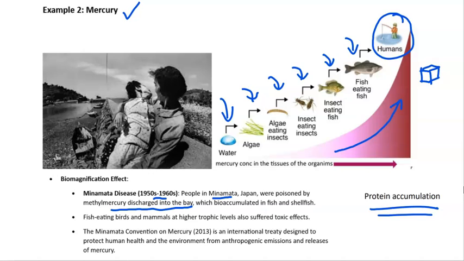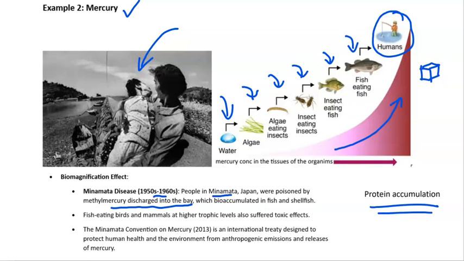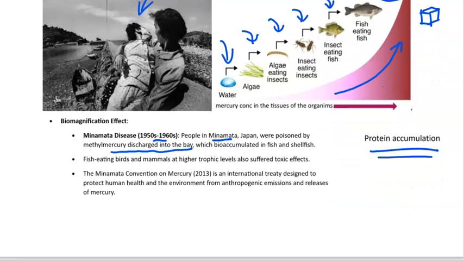In human beings, this has an impact on child neurological development. So in this case, the impact is on humans rather than the previous example where the impact was on the top predators. These are two examples of biomagnification.